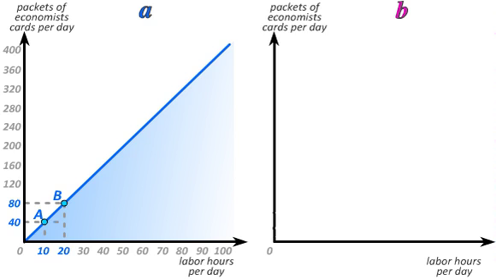Even though it doesn't lie on the production frontier, point C is also a technologically feasible production plan. At that point, I'm planning to use 20 labor hours to produce 40 packets of economist cards. And since I'd be able to produce as many as 80 with 20 hours of labor, I can certainly produce 40.